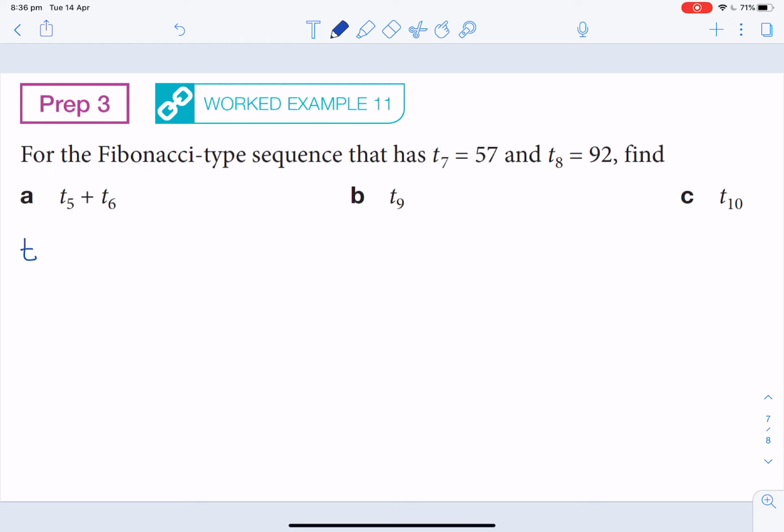So we remember T5 plus T6, the two previous numbers, equals the one after it, T7, which we already know, 57.